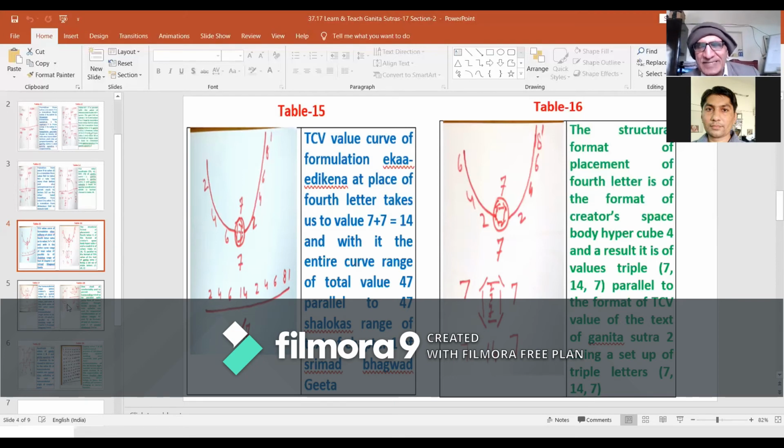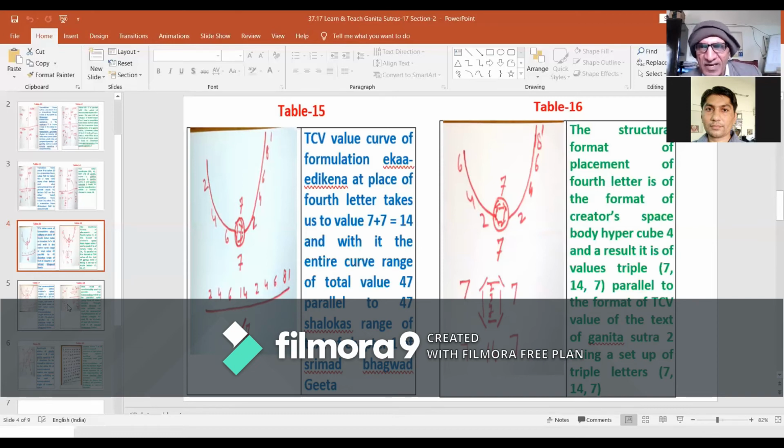And it is this glimpse, it is this bliss of the format of the TC values curve with attainment of spatial order at the seat of the fourth letter, on the one hand giving us a values format parallel with the organization of Srimad Bhagavad Gita, and on the other hand also providing us the requisite transition from Ganita Sutra 1 to Ganita Sutra 2. It is really a blissful reach.